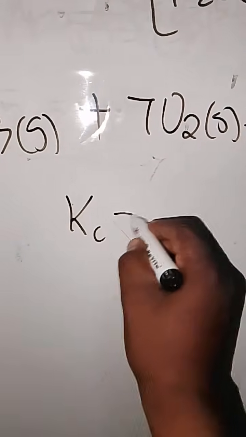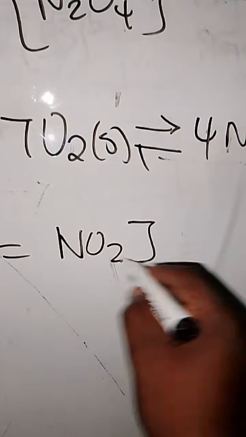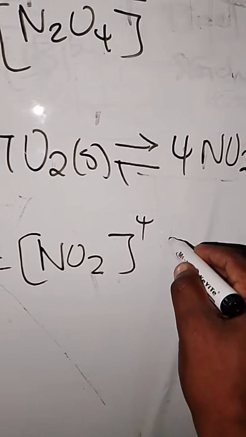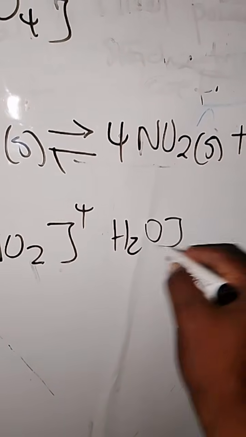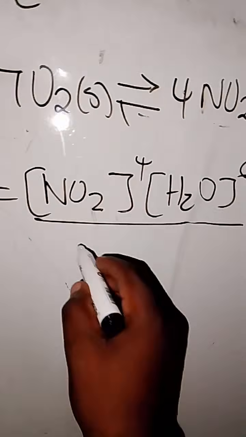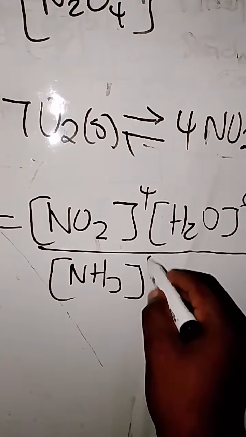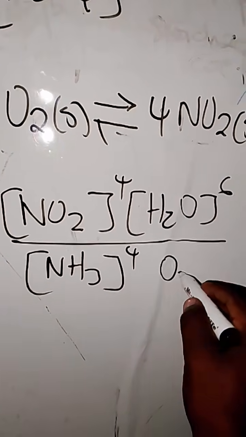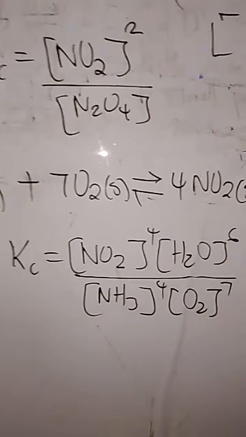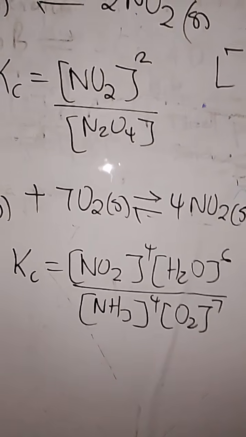Kc will equal the concentration of NO2 to the power 4, water to the power 6, over ammonia NH3 to the power 4, oxygen to the power 7. That is how we can write the Kc for this reaction.